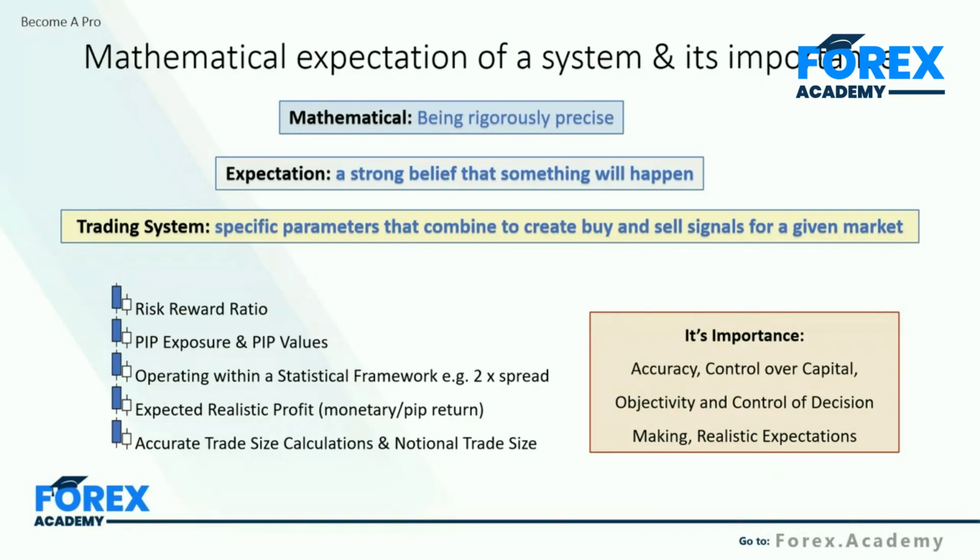You'll need to know the pip value, the pip exposure and the risk reward ratio, so that if you think it's going to be a 50 pip loser, which you don't want to take of course, but that is your risk management, that 50 pips minus has to equate to €10 or 1% of your capital account. So be rigorously precise in your capital flow into these trading accounts and into these financial markets.